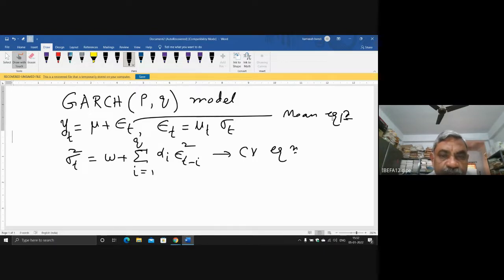That means sigma square t, the conditional variance, evolves. The volatility style evolves because it is time varying. What is the style of variation according to this? These are all squared innovations in the process Y t.